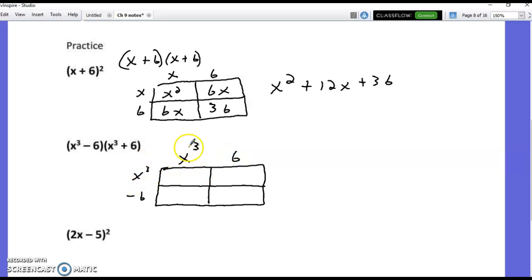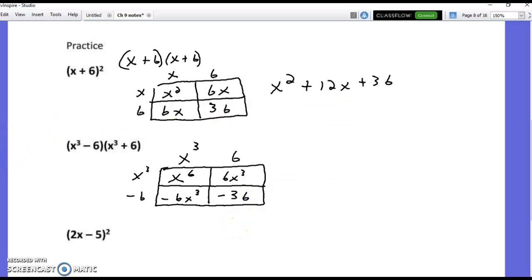So x cubed times x cubed, remember we're adding the exponents, so that would be x to the 6th power. This would become a 6x to the 3rd. This times negative 6 would be a negative 6x to the 3rd. And then negative 6 times 6 would be a negative 36.